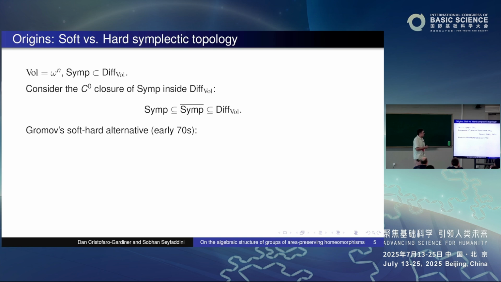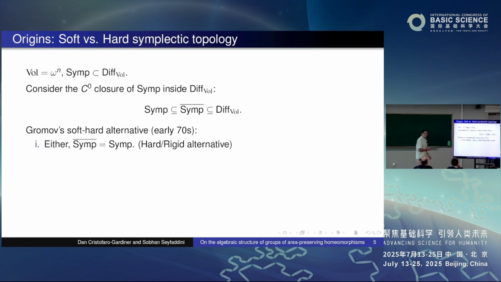Now, Gromov was interested in where exactly between the two it sits, and he was working on this in the 70s. He proved the following famous alternative, which he called the soft versus hard alternative. He showed one of the following two statements is always true. Either this inclusion is an equality on the left side, meaning that when you take the closure, you get nothing new.